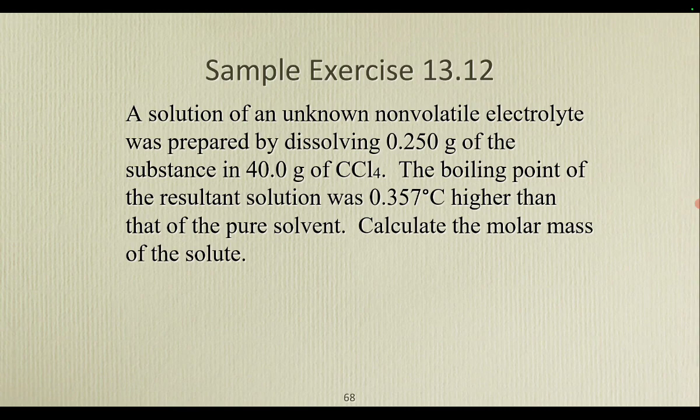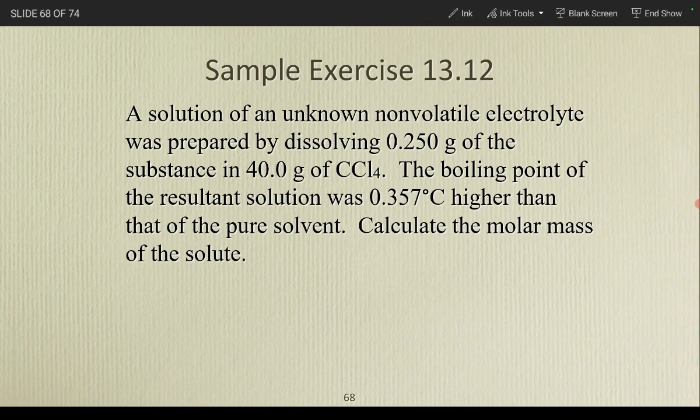So to do that, we're first going to figure out what the molality of that solution is going to be. Then once we have the molality, we can figure out, based on the amount of solvent we have, how many moles of that substance we would need. And then using the actual mass we used, and however many moles we would need, we can calculate the molar mass of that substance.